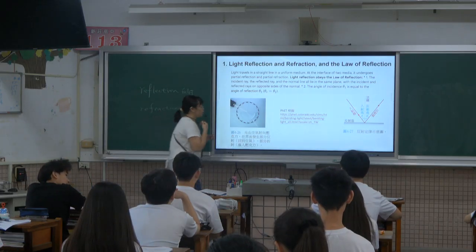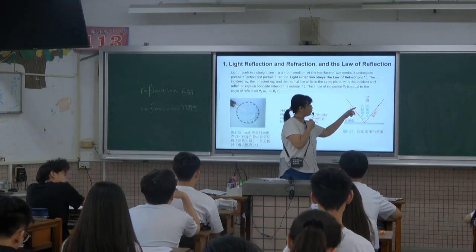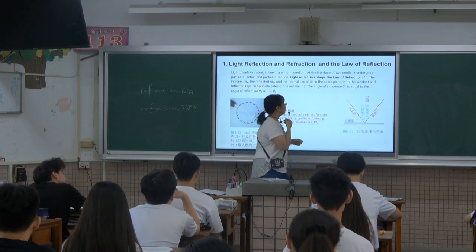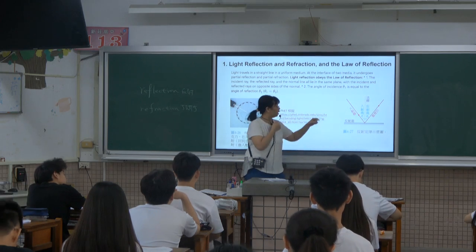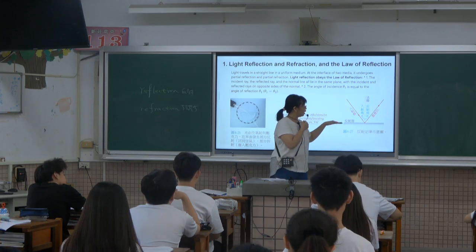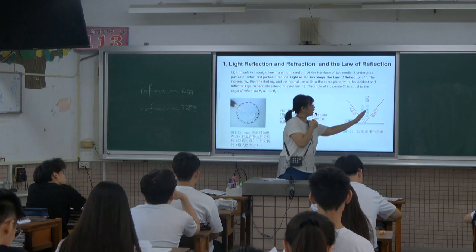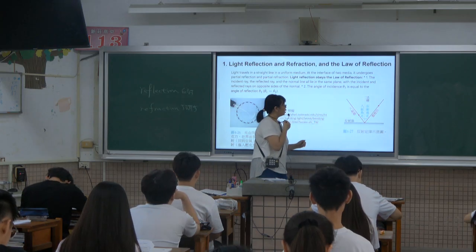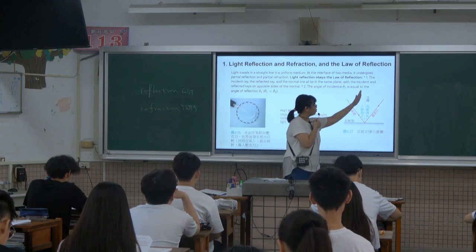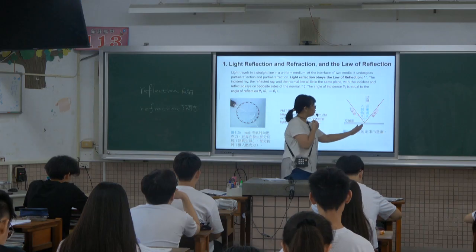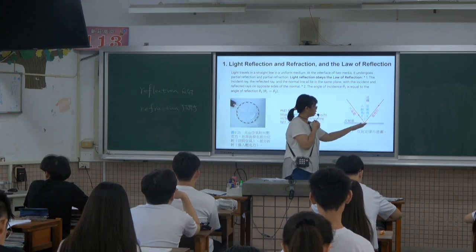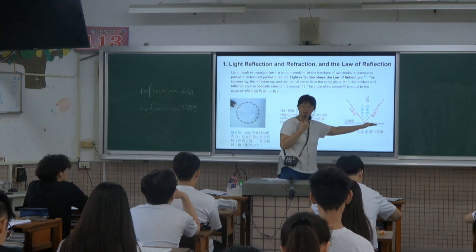First, we see the law of reflection. The incident line is on the surface, and the reflection line is here. So we have to draw the normal line, perpendicular to the surface.